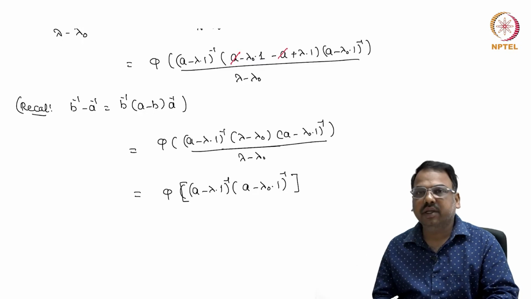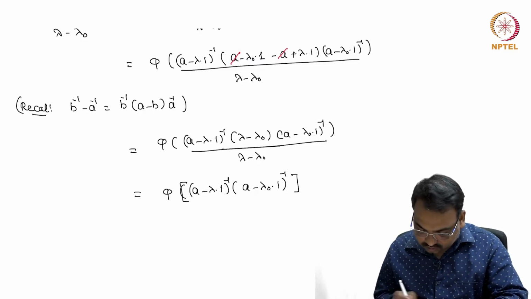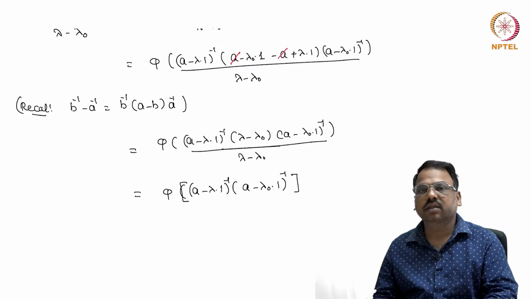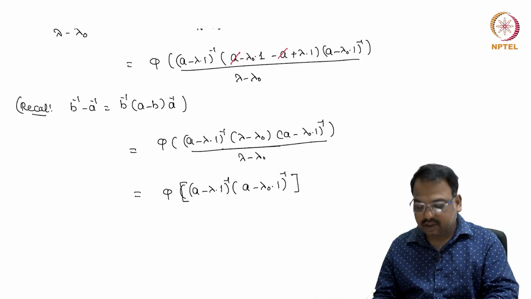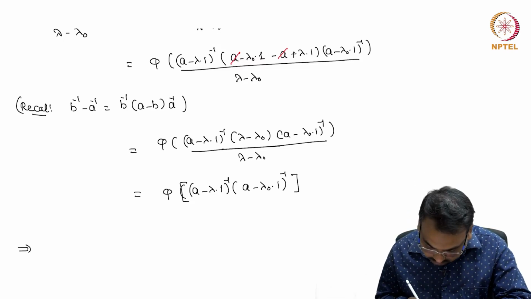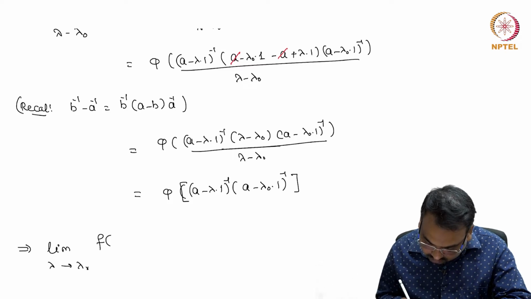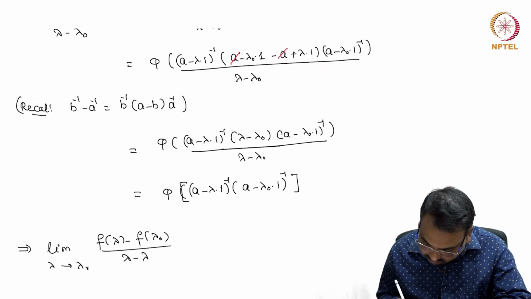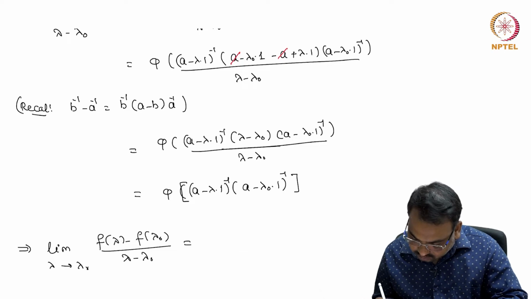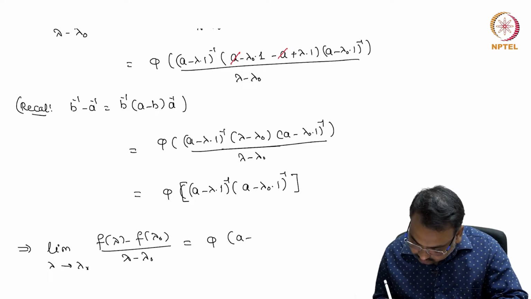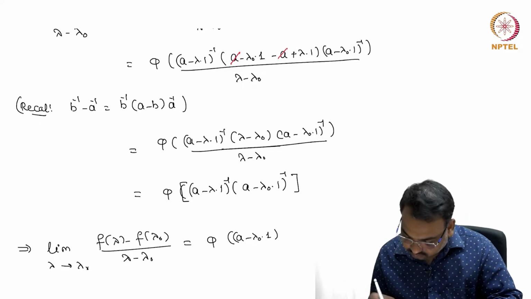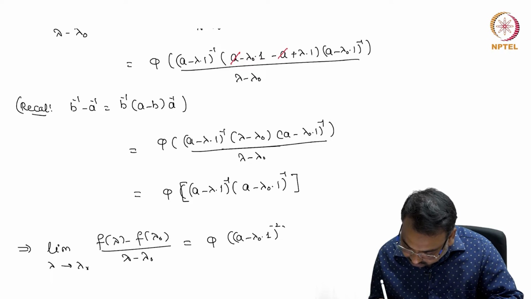Now we know that the map A going to A inverse is continuous. So whenever lambda goes to lambda naught, (A minus lambda 1) inverse goes to (A minus lambda naught 1) inverse. So this implies the limit as lambda tends to lambda naught of (f lambda minus f lambda naught) divided by (lambda minus lambda naught) is nothing but phi of (A minus lambda naught 1) inverse to the power minus 2.